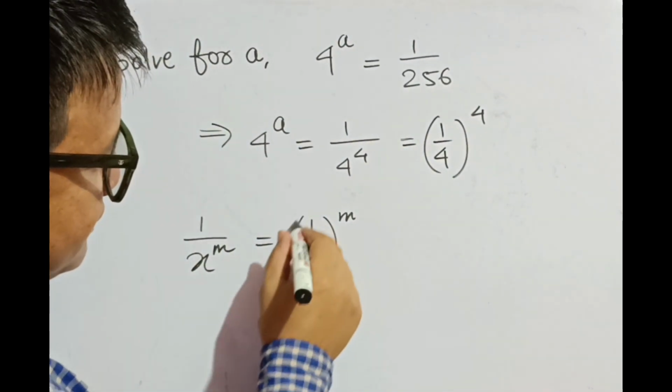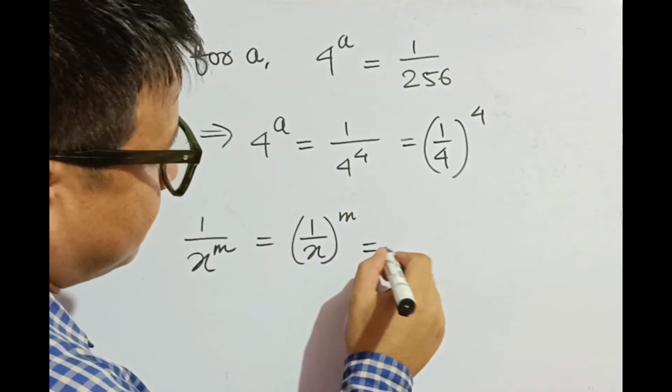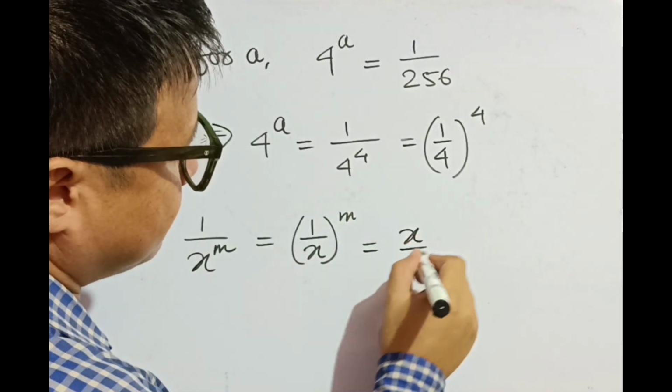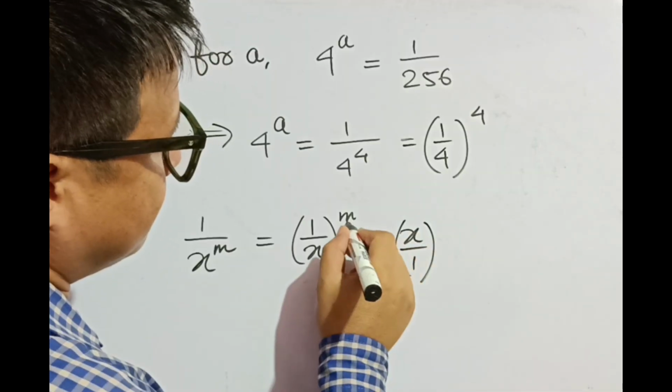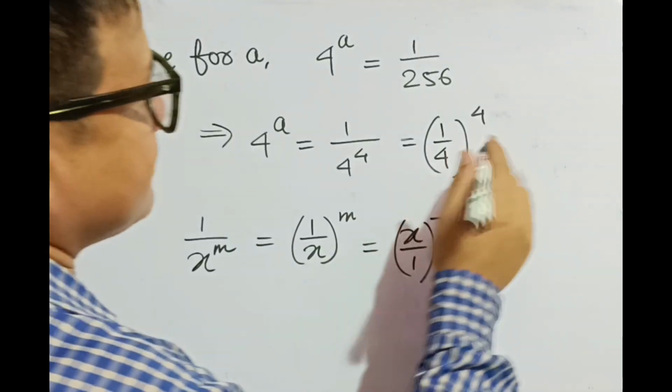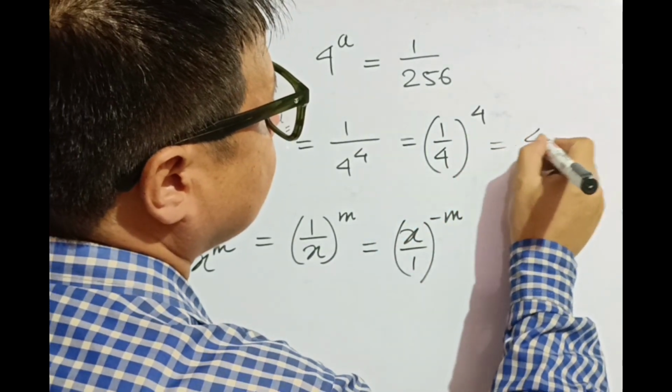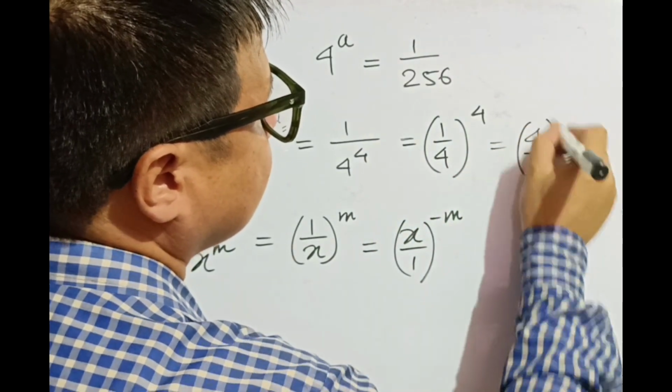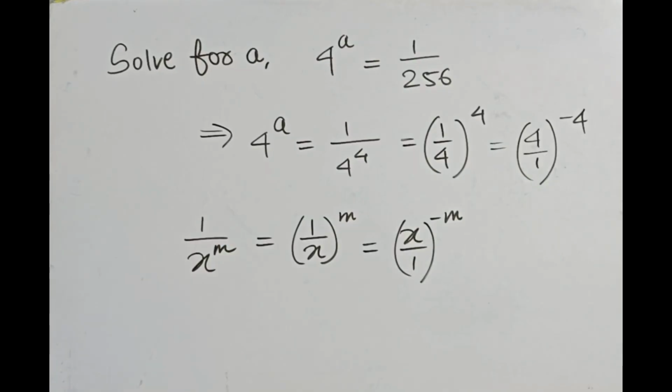Now again, 1 upon x raised to the power m can be written as x upon 1 raised to the power minus m, and by using the same rule it becomes 4 upon 1 raised to the power minus 4.